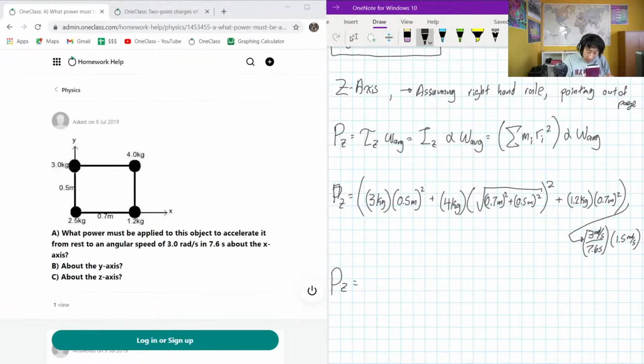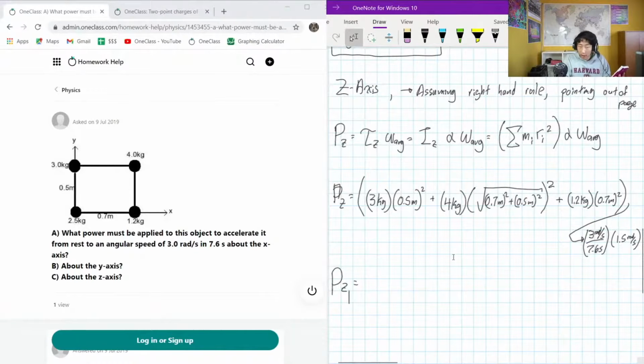And then we add 1.2 times 0.7 squared. This times 3 times 1.5 divided by 7.6. And my result for this is 2.54. And hopefully we have a similar calculation here.